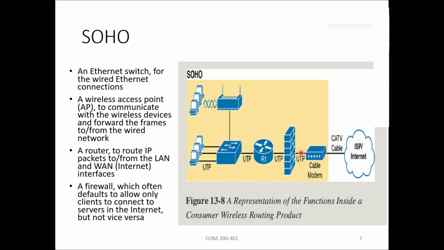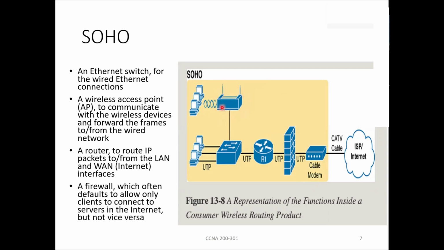After that, from that device, we get the connectivity into our router. And from the router, we have a switch. The switch has many different ports, and all the PCs are connected with those ports. And then the switch is connected with another access point.